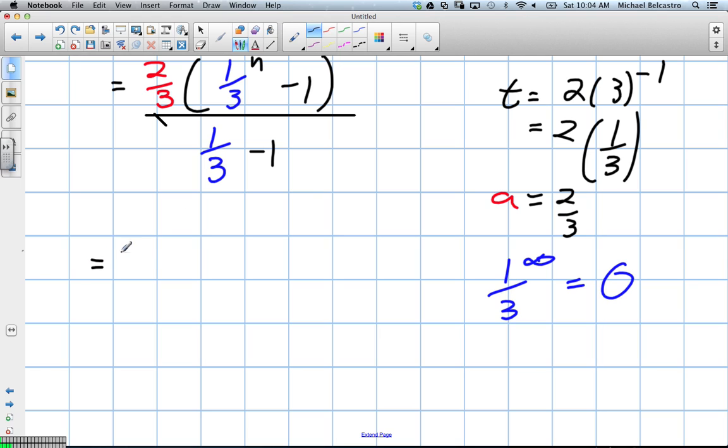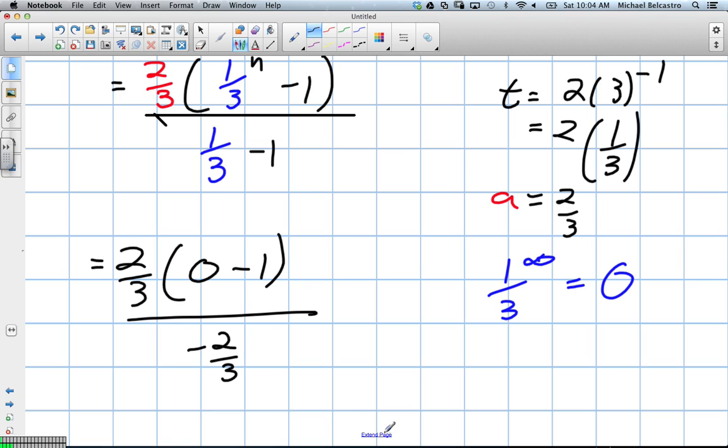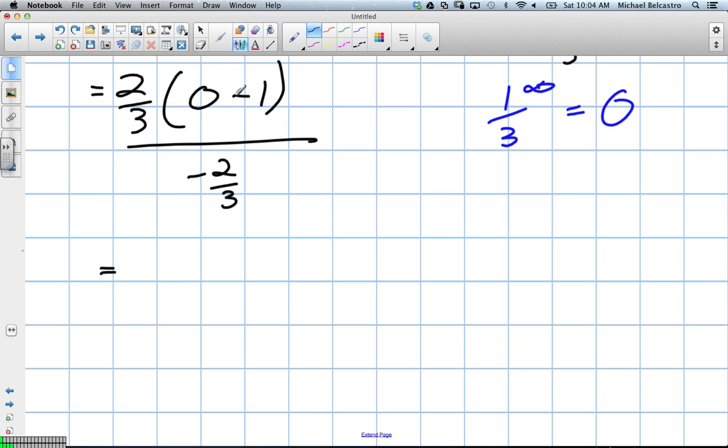So we equate this to be 2/3 times 0 minus 1, over, and this will become negative 2/3. 0 subtract 1 is negative 1, times 2/3 is negative 2/3. So we're left with negative 2/3 divided by negative 2/3.